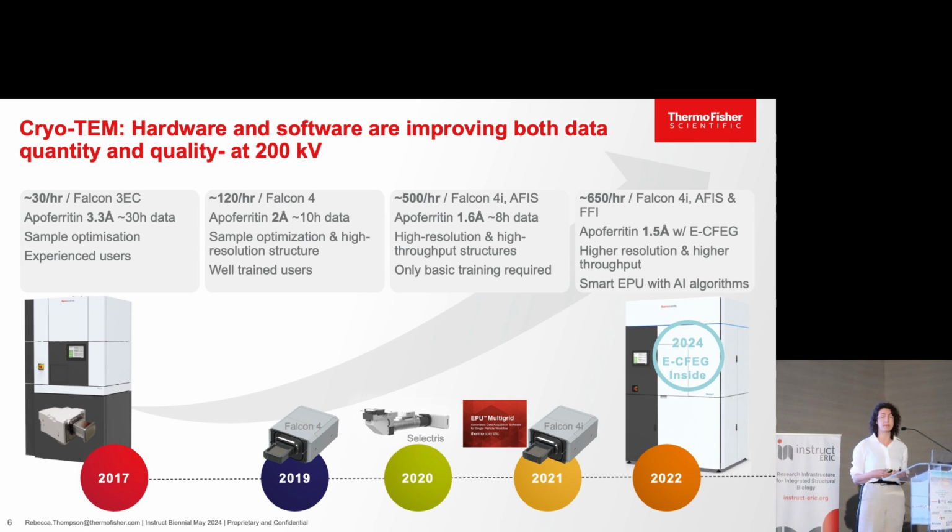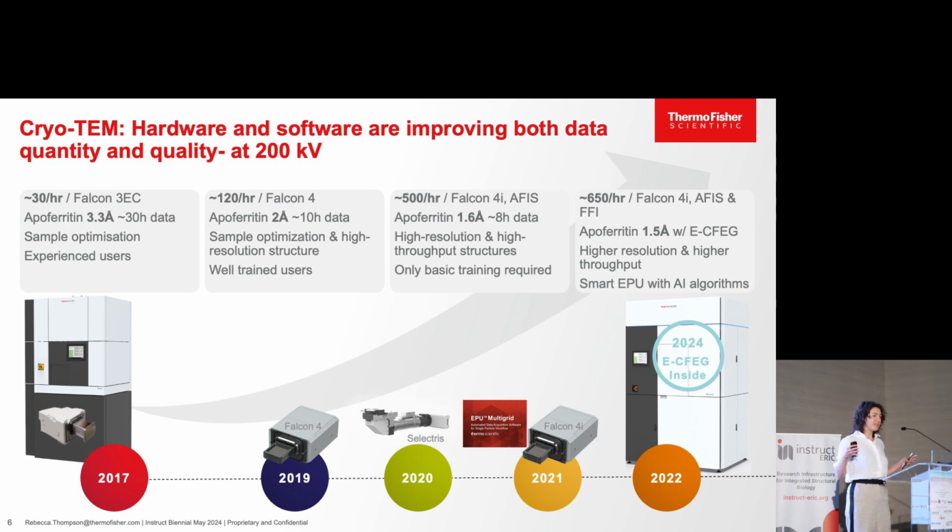If we fast forward to today, taking into account the hardware developments, particularly advances in detector technology as well as optical improvements, we can now get down to about 1.5 angstrom resolution of apoferritin, in a much shorter time as well. This one was about 8 hours of data acquisition.